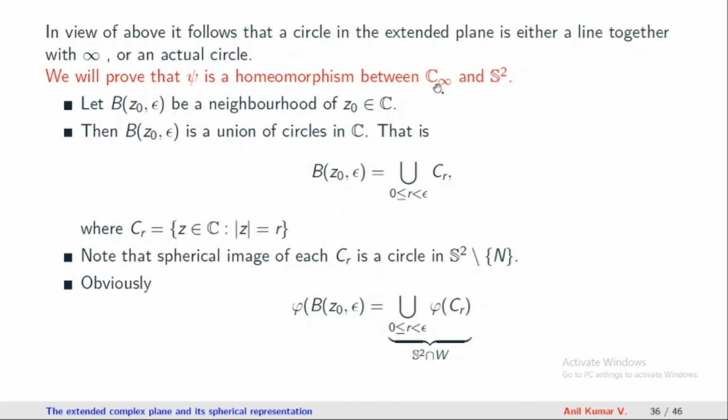So to prove that psi is a homeomorphism, it suffices to show that psi is an open map. Open map means the image of any open set is open. So let B(z0, epsilon) be a neighborhood of the point z0.